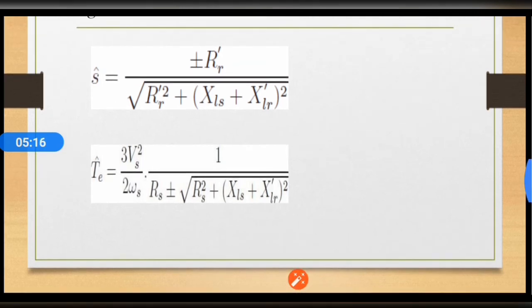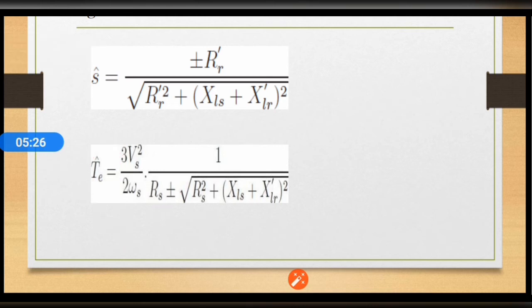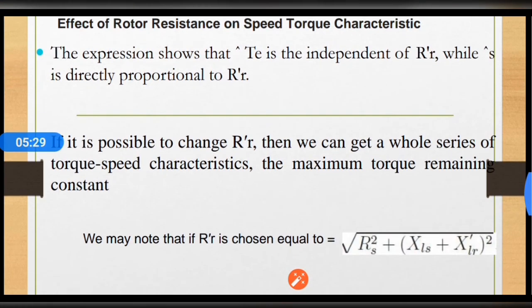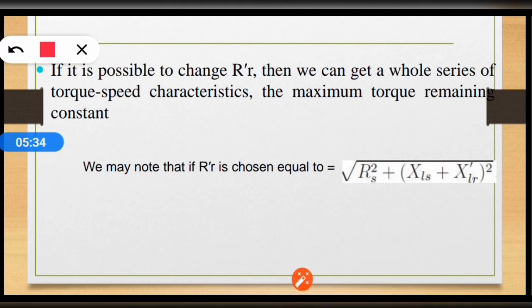So by varying the resistance, the maximum value of torque remains unchanged, whereas the torque slip characteristic shifts. By changing the resistance, we can change the torque slip characteristic. The resistance value can be varied to change the starting torque also, whereas maximum torque remains fixed.